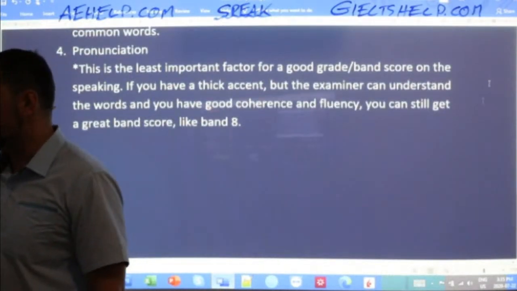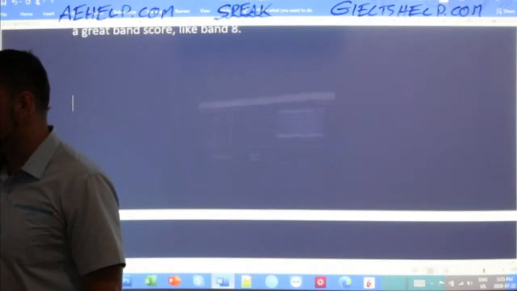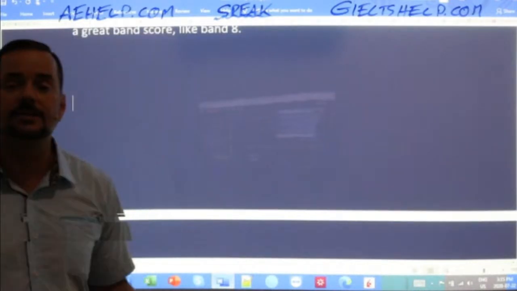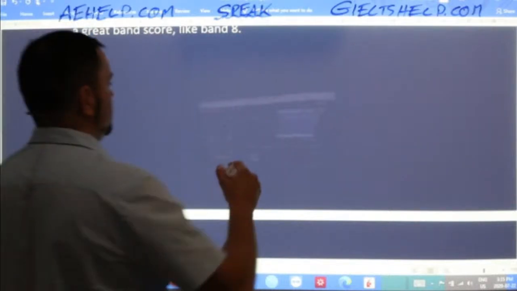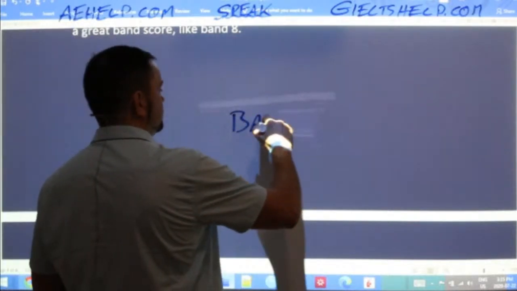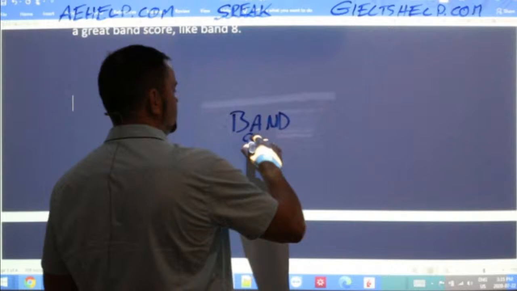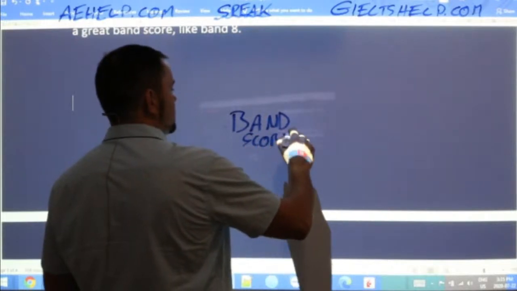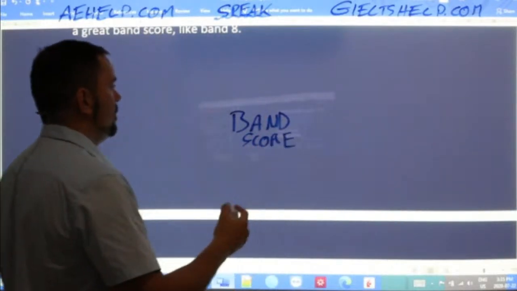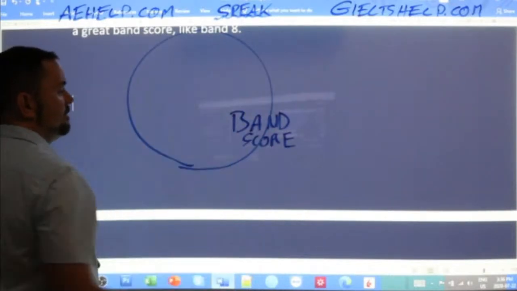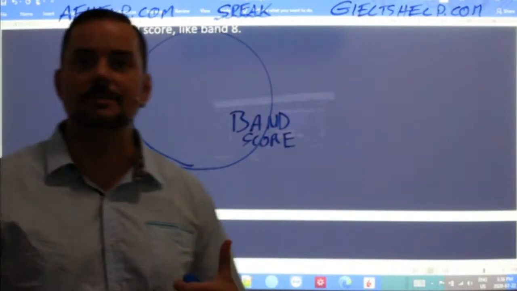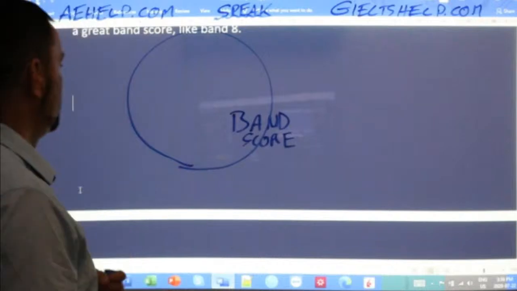Okay? Again, fluency and coherence are the most important. Another way to think about this, students, is that your band score is basically made up in the following way. All right, so you can think about it like a Venn diagram. Some of you who study math might be familiar with this.